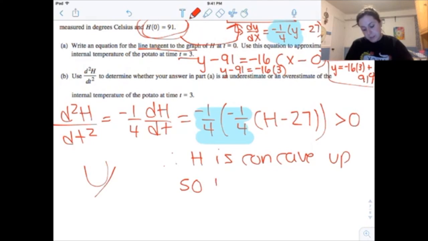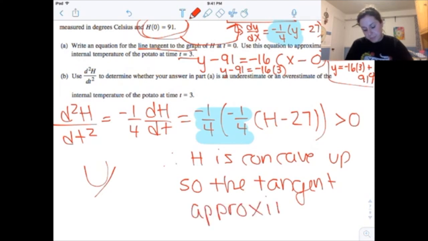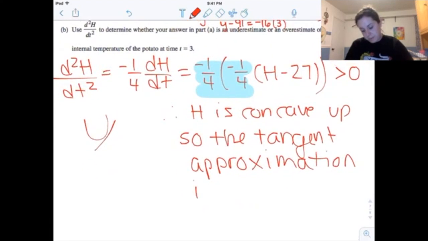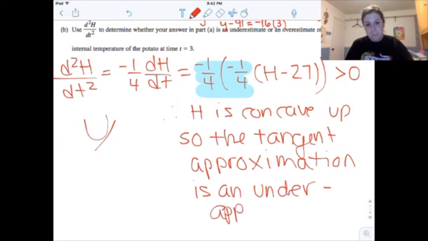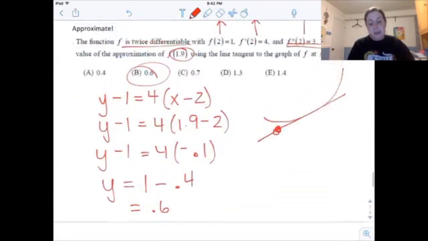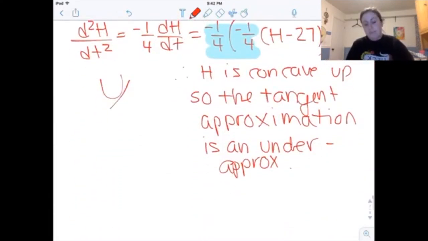So the tangent approximation is an under approximation. Okay. So, second derivative, you're always thinking about concavity. You're always thinking about tangent lines above or below.